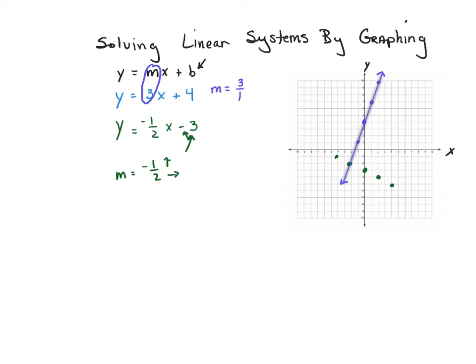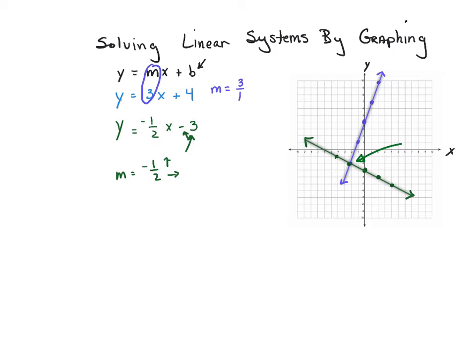And there it is. So the blue line is all the solutions to the blue equation, and the green line is all the solutions to the green equation. And so where do they share a solution? That's just the point of intersection right there. So you can just read it off the graph if you've done a good job graphing.